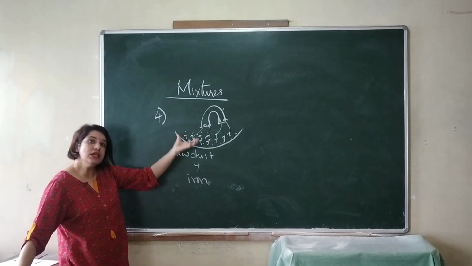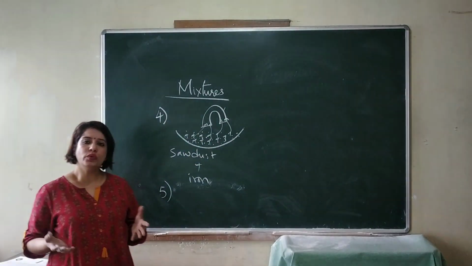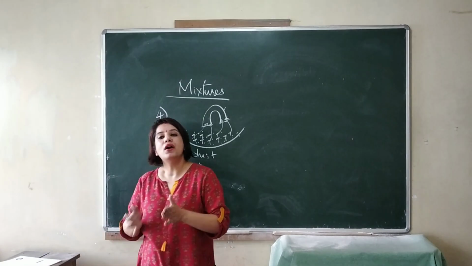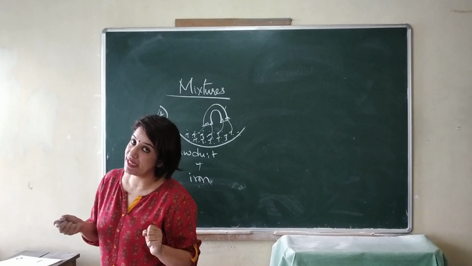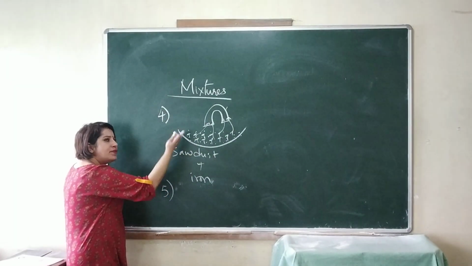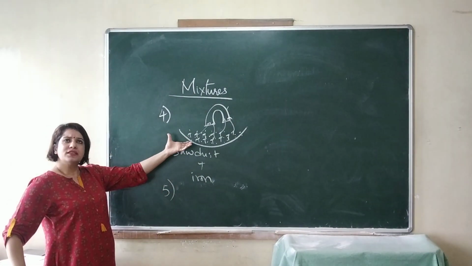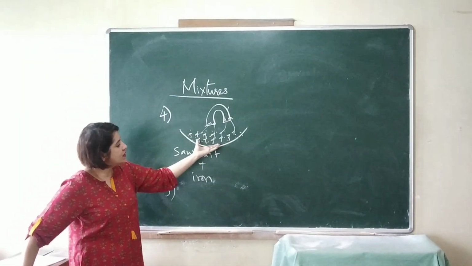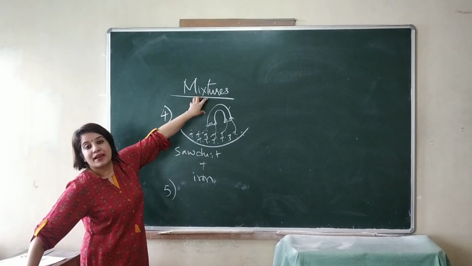It remains the same. The fifth characteristic: I told you that in a compound, we cannot separate the elements because a chemical change has taken place. Here, in a mixture, since it is a physical change, it can be easily separated. This is one example, a mixture of sawdust and iron. If I bring a magnet here, all the iron is attracted to the magnet.